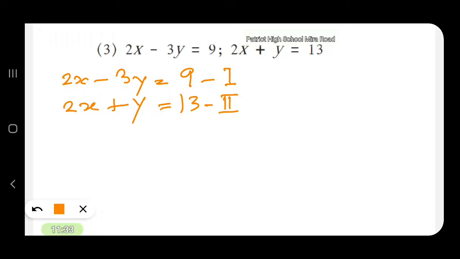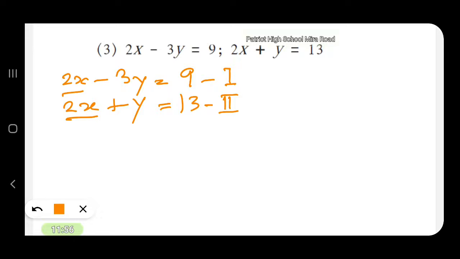Now, the best way of eliminating a variable here would be to go for the equal variable. These are equal in both the equations, 2x and 2x. So we can directly eliminate without going for the multiplication operation.